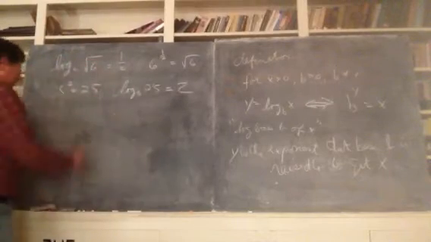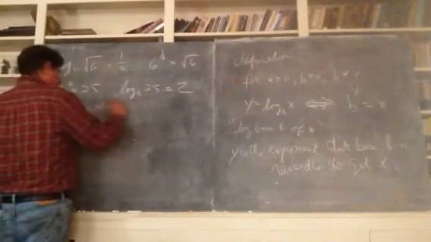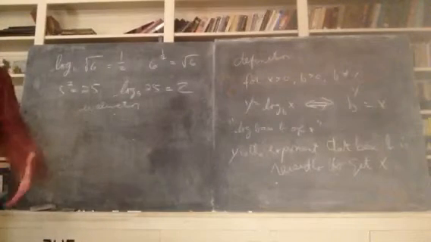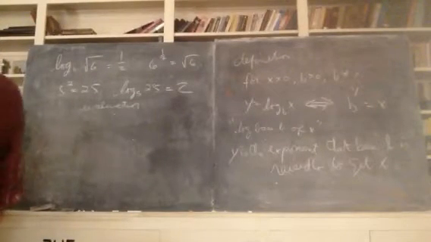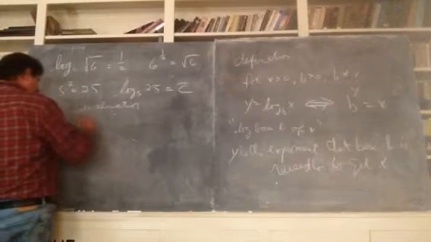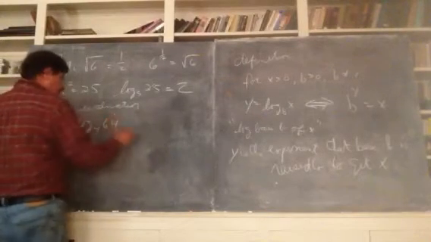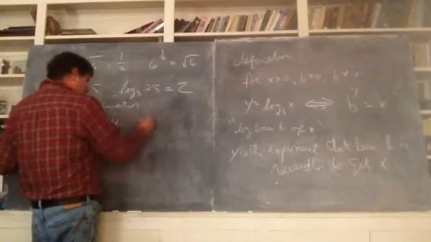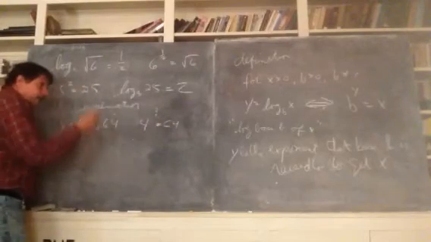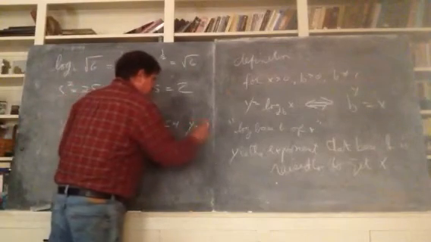Here's evaluation. And these have to be written exactly, otherwise you couldn't evaluate it. I'll have y equals log base 4 of 64. Log base 4 of 64 means 4 to what power is 64? y is 3. Boom.